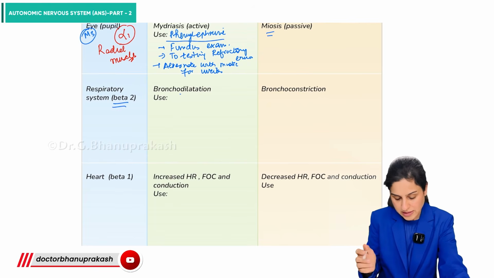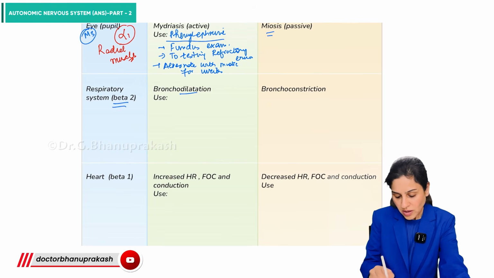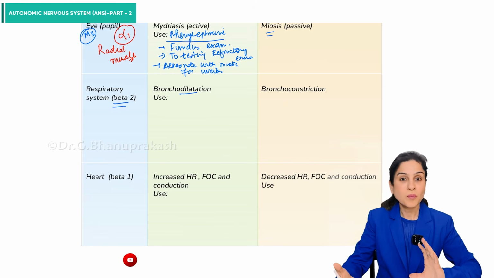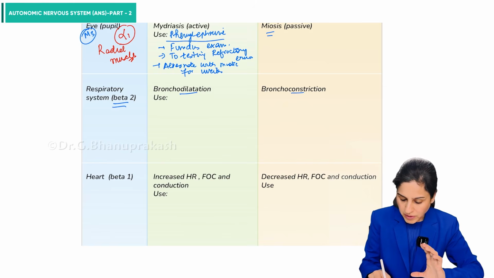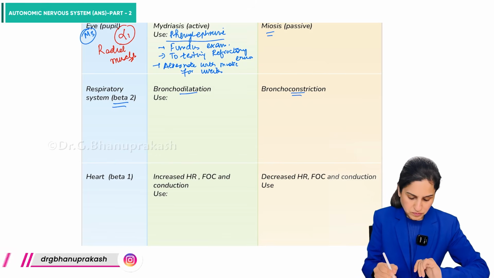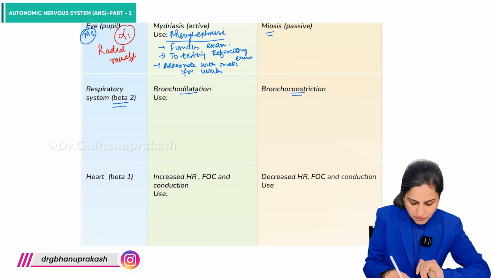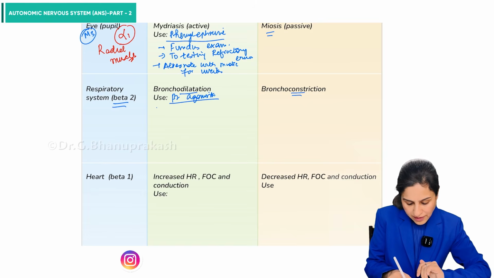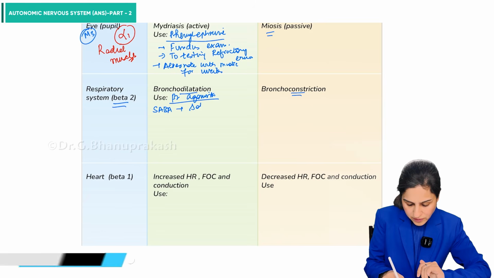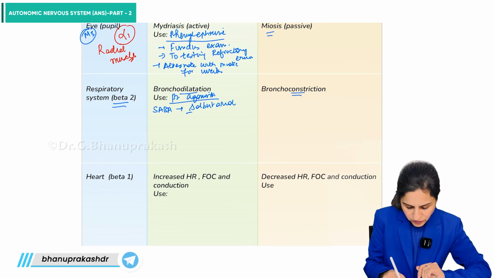So when they are stimulated, they lead to bronchodilation, while the opposite, when you block these receptors, they lead to bronchoconstriction. So in bronchodilation, we have specific beta 2 agonists. We have short acting beta agonists, for example salbutamol and terbutaline.